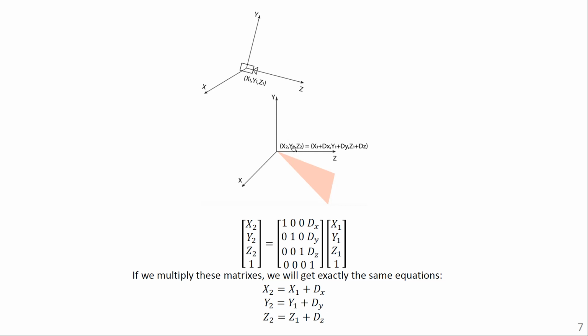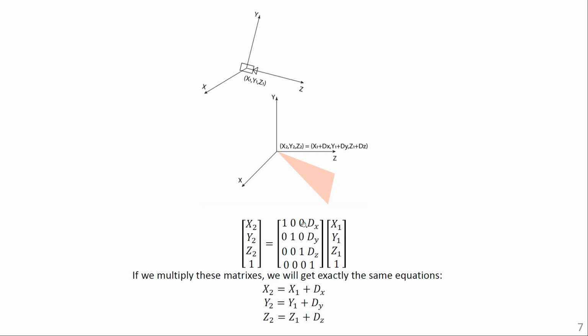Here are the coordinates of the laser. They are related just by an offset along the x-axis, y-axis, and z-axis. We can also write it in a matrix form this way, and if we multiply these matrices, we will get the same result. So we can write it just as a usual equation or in a matrix form.